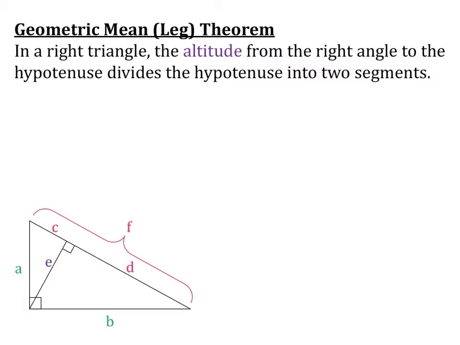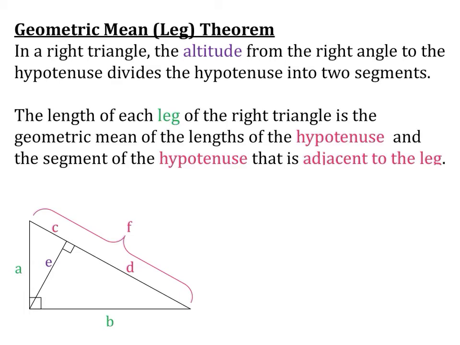Then we also have the geometric mean leg theorem. It states that in a right triangle, the altitude from the right angle to the hypotenuse divides the hypotenuse into two segments. So again, it's C and D. But this time, the length of each leg of the original right triangle is the geometric mean of the lengths of the hypotenuse and the segment of the hypotenuse that is adjacent to the leg.